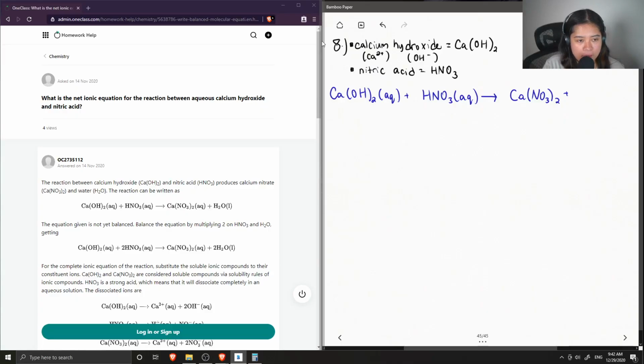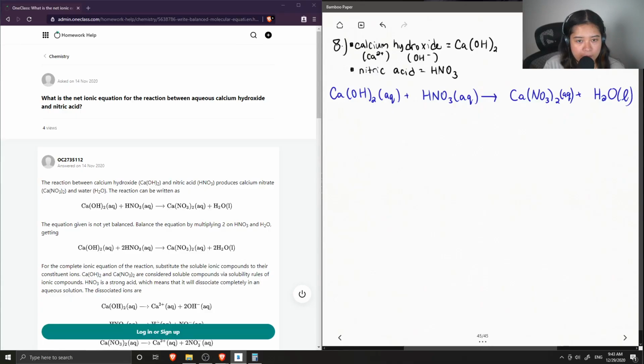And the 2 OH- comes with the protons to form water. So this is aqueous. And water is a liquid.